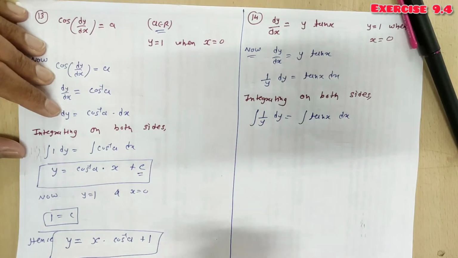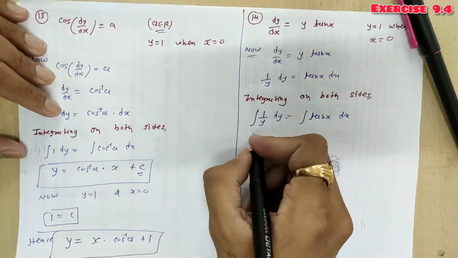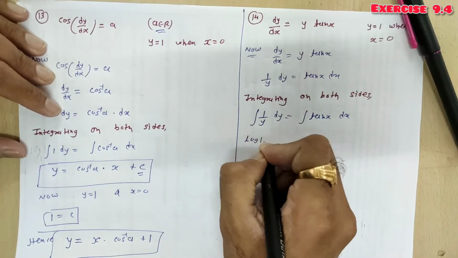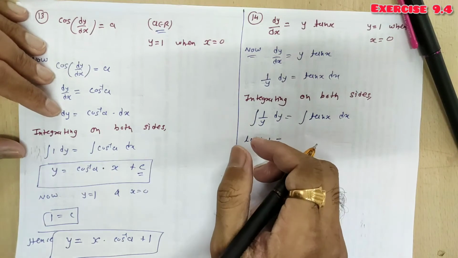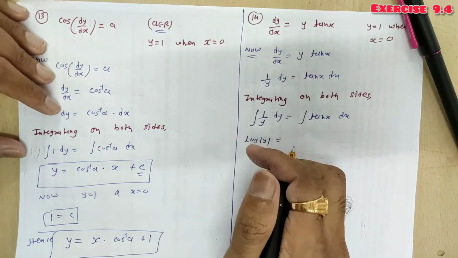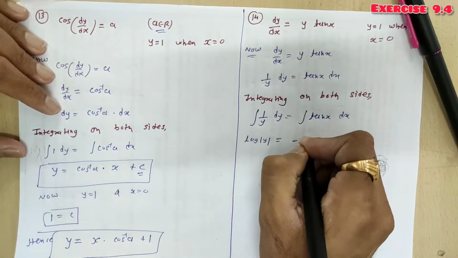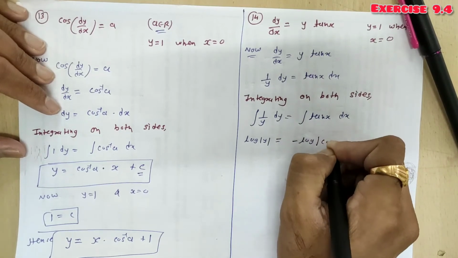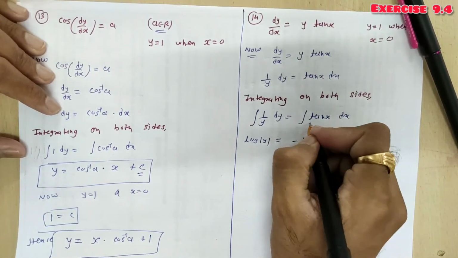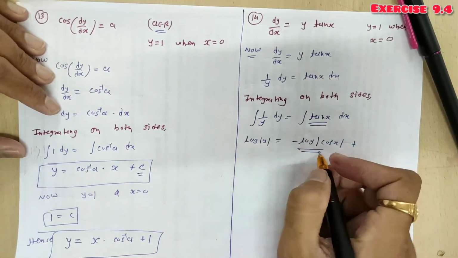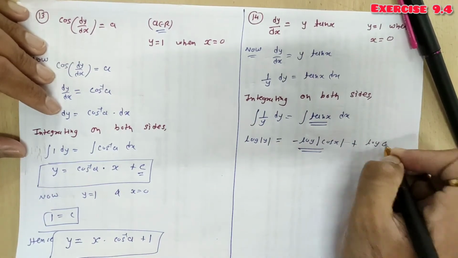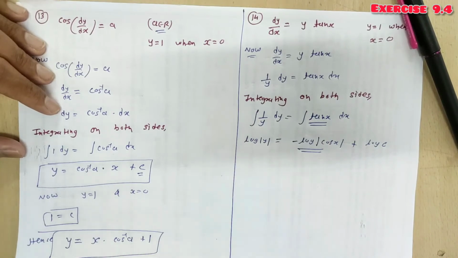The integration of 1 upon y is log mod y. Now students, what is the integration of tan x? It is log mod sec x, or you can say minus log mod cos x. This integration you have to remember. Plus the integration constant, and for simplification we will take the constant as log c.